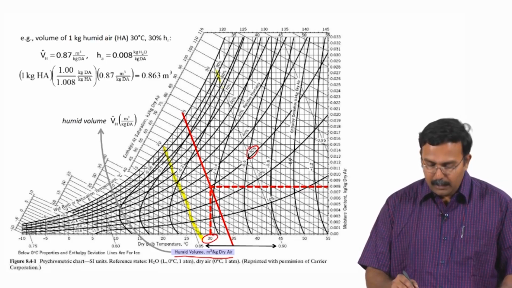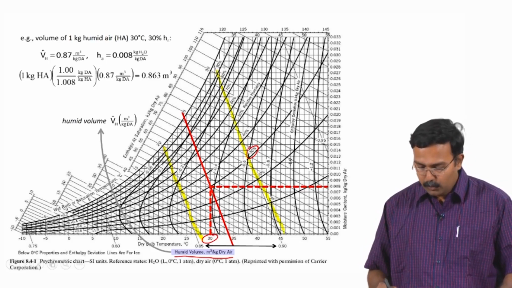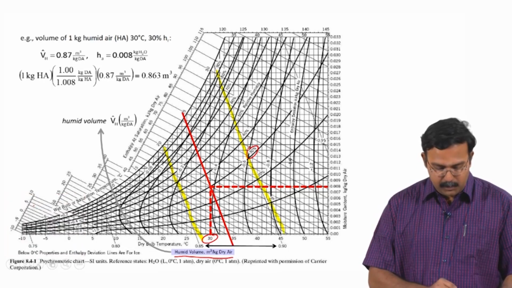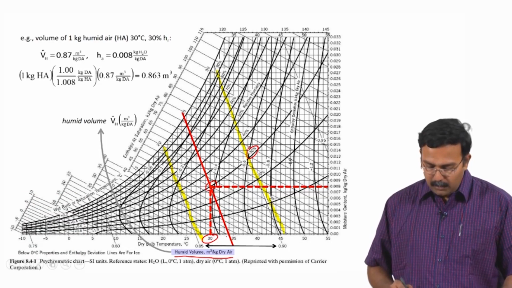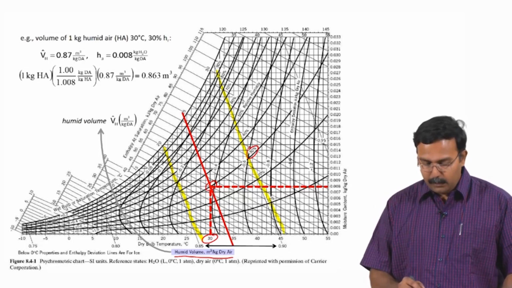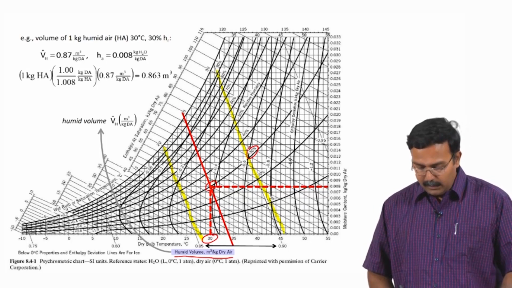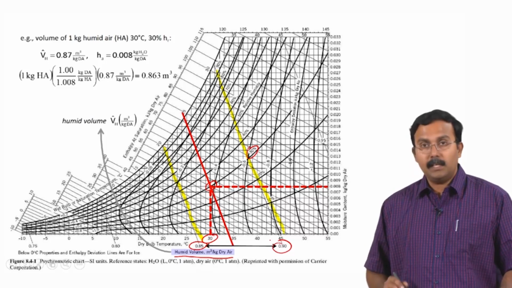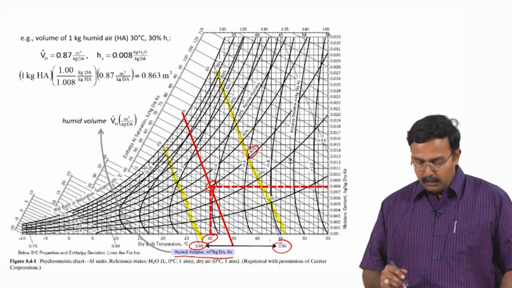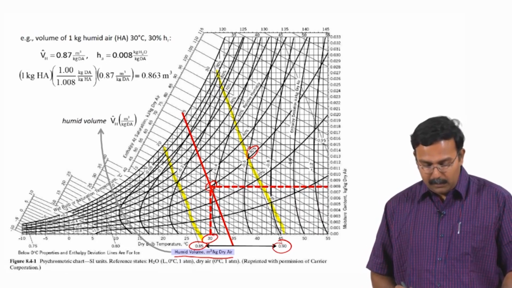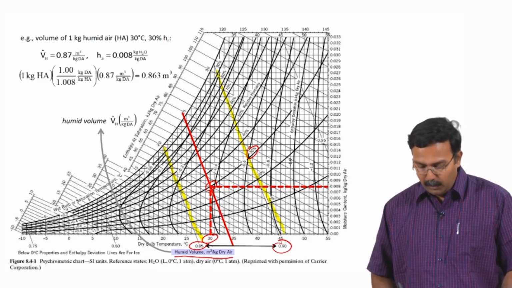So, you draw lines parallel to these two axes through the point of interest, which is 30 degrees Celsius and 30% relative humidity. When you do that, you get this line which falls between 0.85 and 0.9, which are the axes for your humid volume.